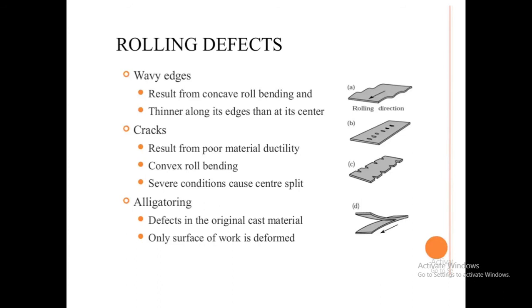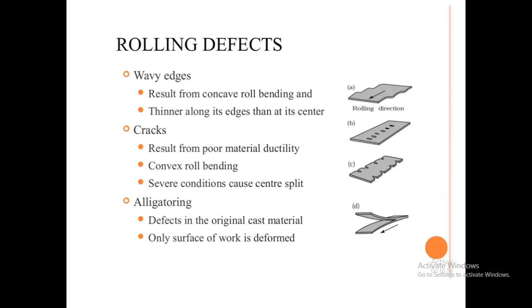Sometimes new defects may also be developed in a material, and the defects that arise depend upon the characteristics of the operation. It means the type of operation that we are performing on a material also affects the types of defects.